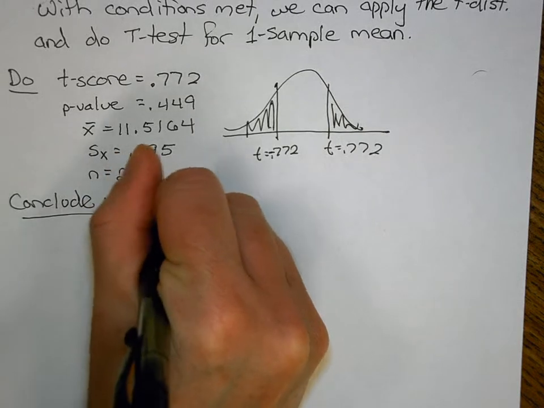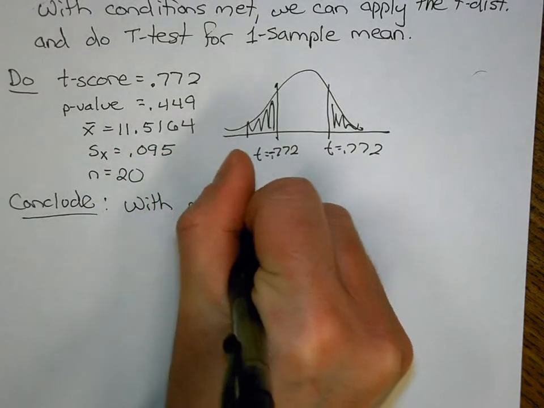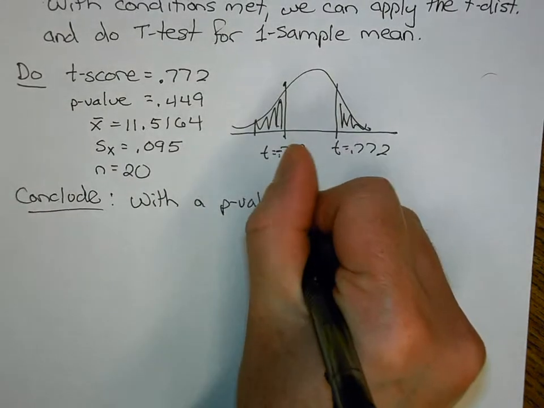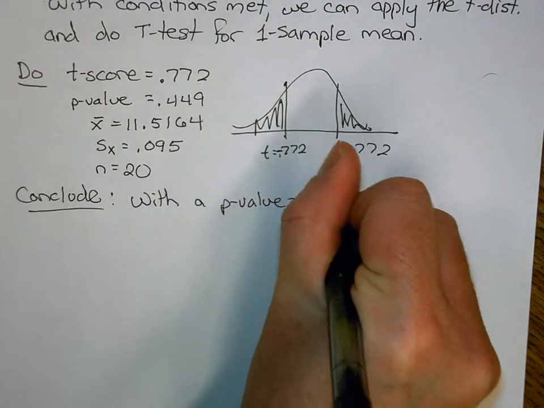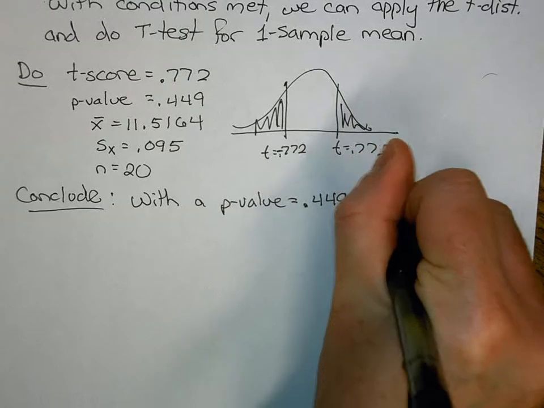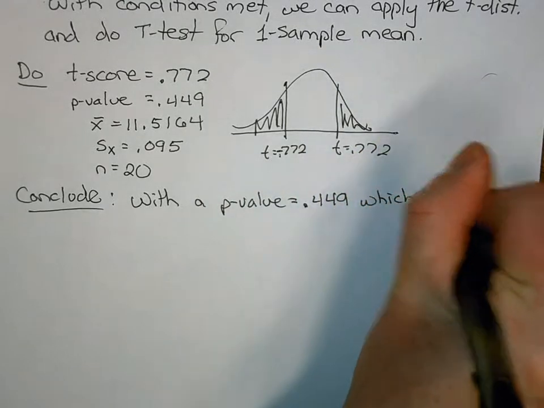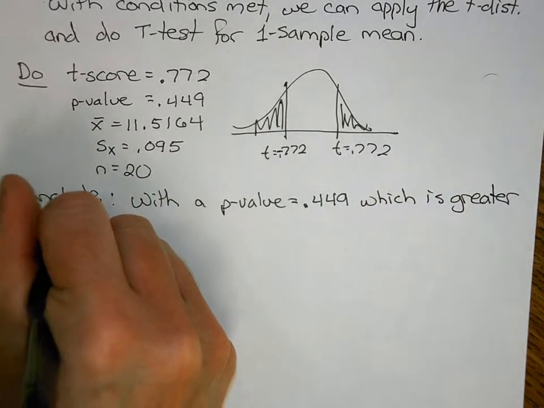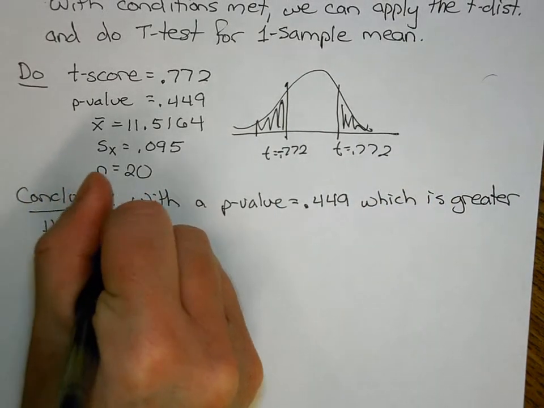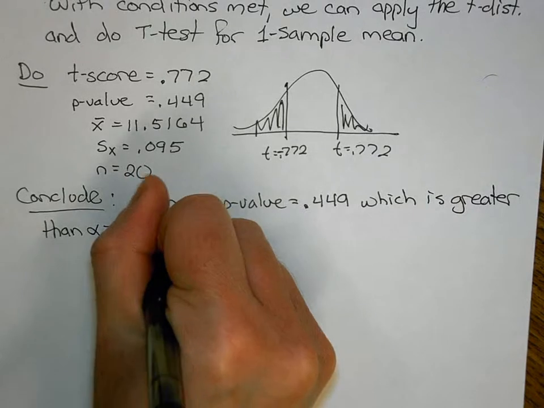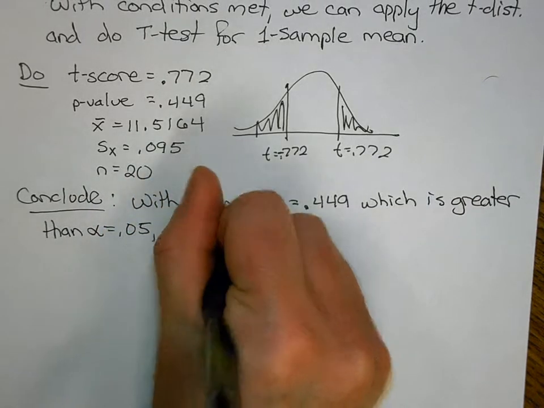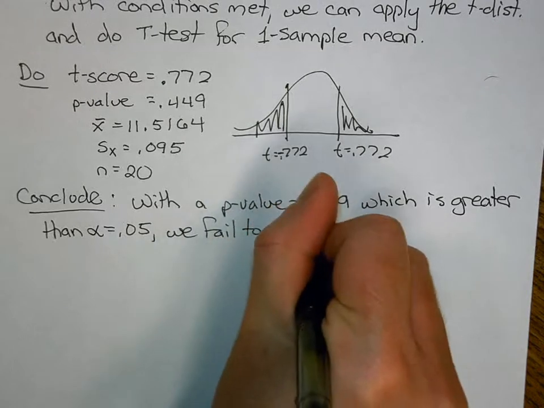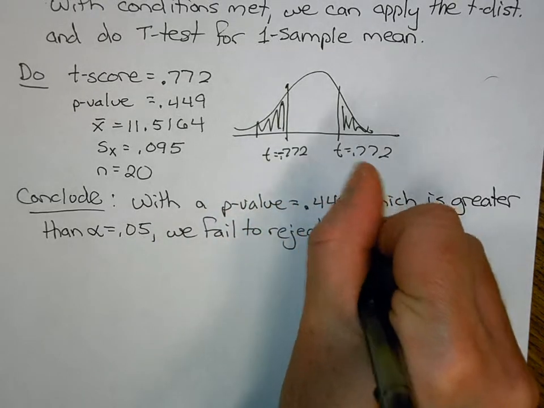With a p-value, excuse me, equal to 0.449, which is greater than alpha equal to 0.05, we fail to reject the H0.